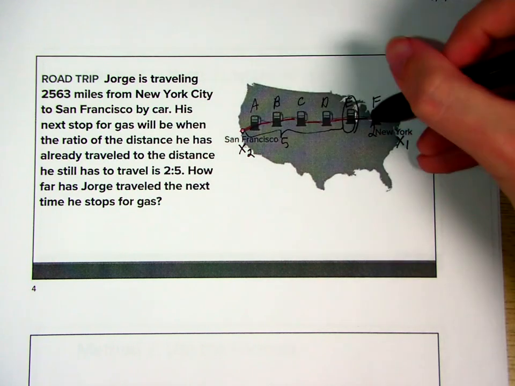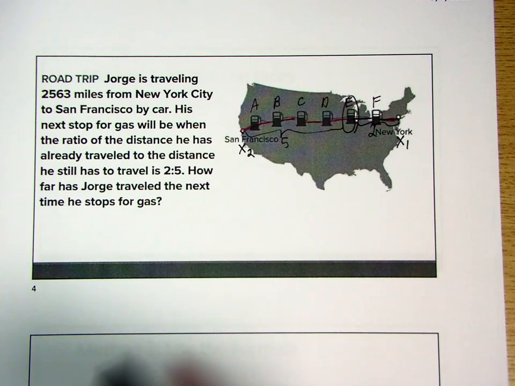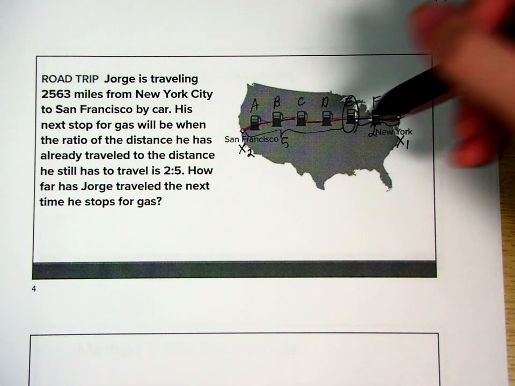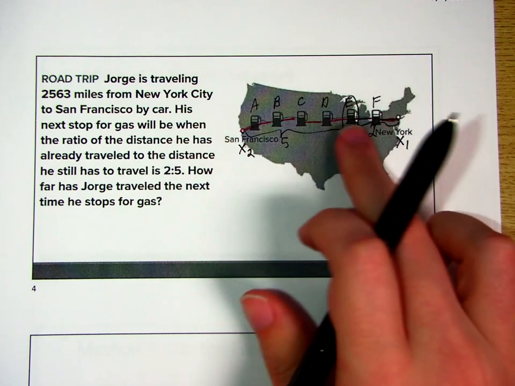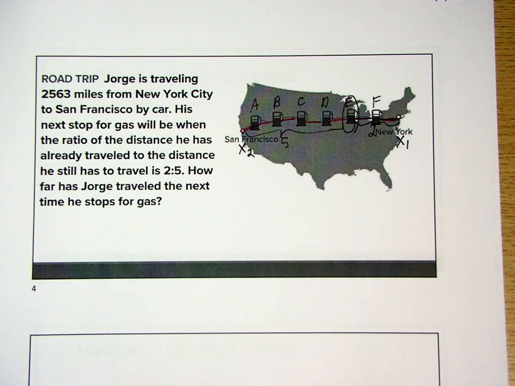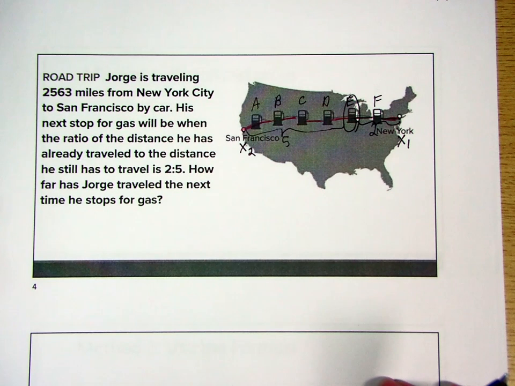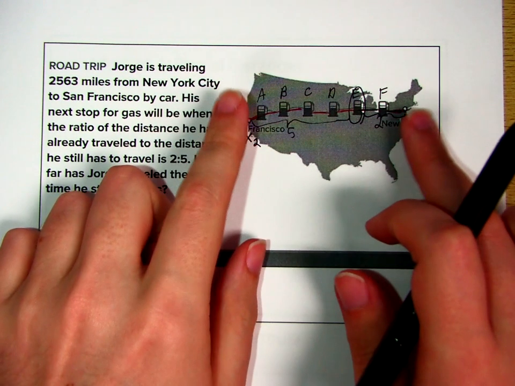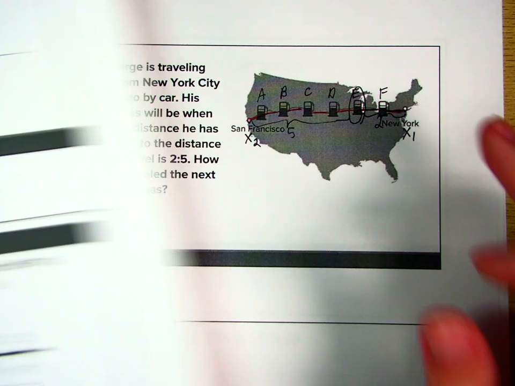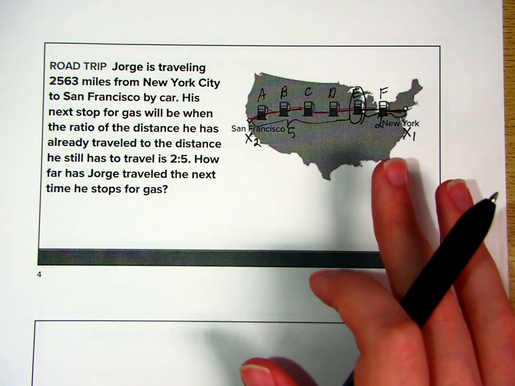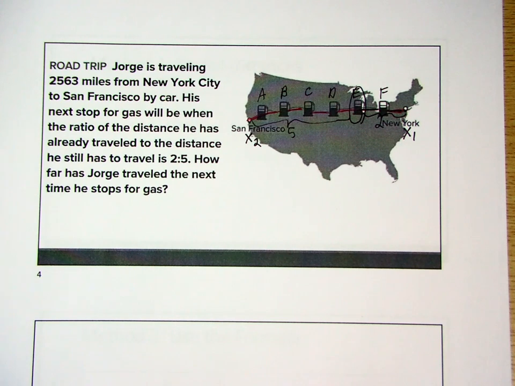But to go further than that, we wanted to know actually how many miles he will travel. How far is it to, it looks like, Chicago? How many miles will he have traveled when he's made it to E? Well, it's pretty easy to adjust this problem when we don't have a number line. Over here, we had a number line. Here, we don't currently have one.